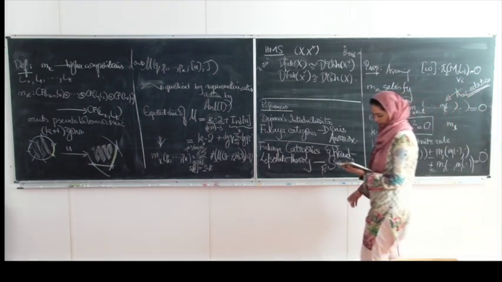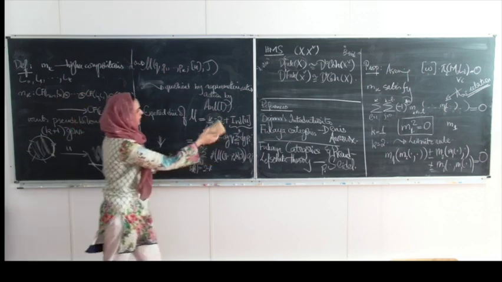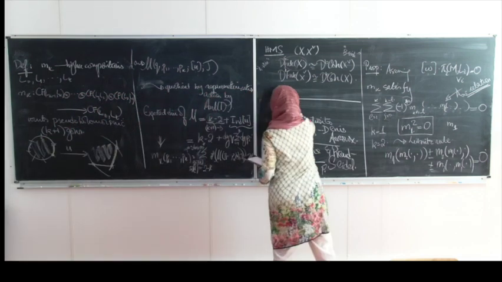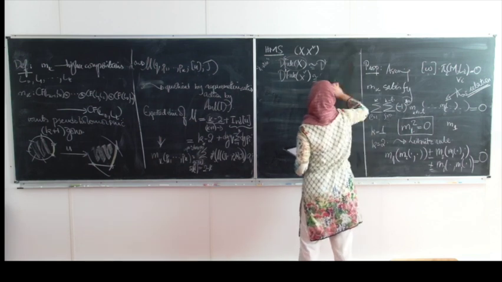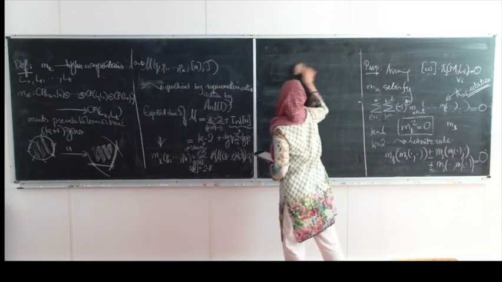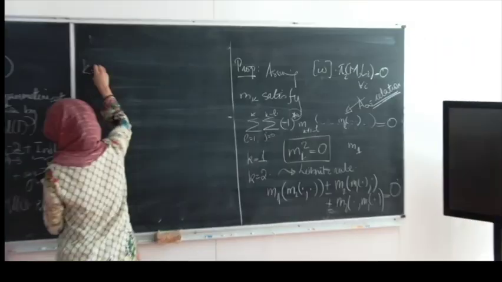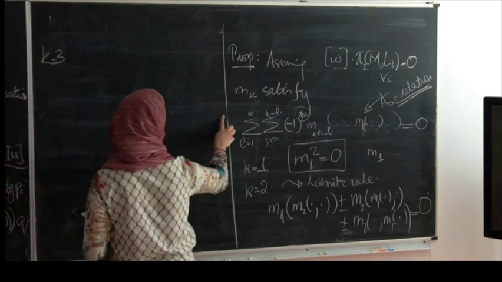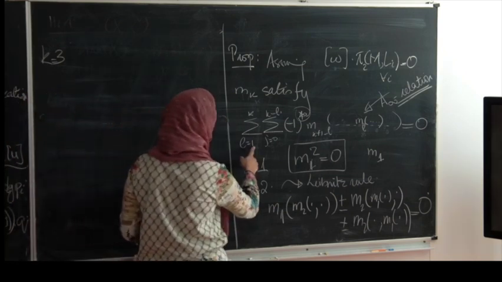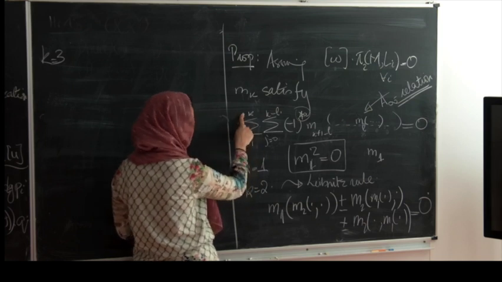And now we look at k equals 3. So maybe I can erase this now. So k equals 3 is saying that your l goes from 1, 2 up to 3.